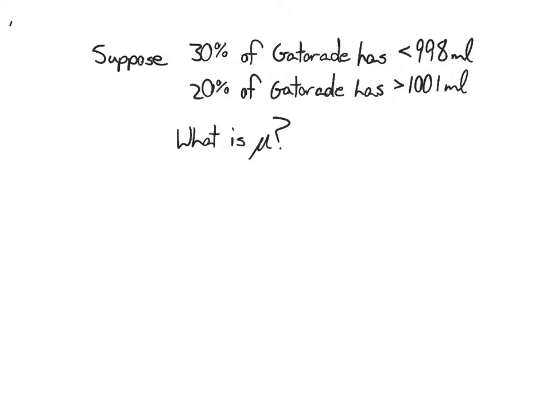And we're going to assume it's distributed normal. X is distributed normally with a mean and sigma squared. Okay? We don't know the mean or the standard deviation. All we know are these two percentages.